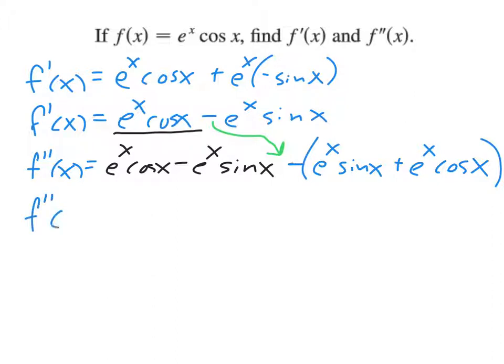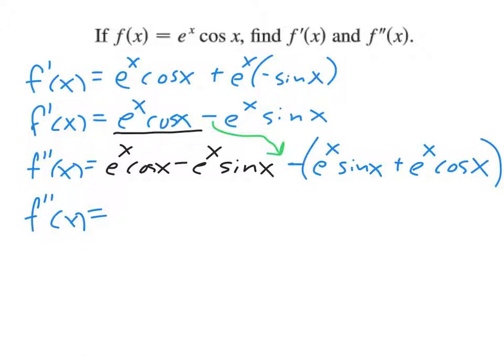So f double prime of x equals, let's start with the cosine of x here. So e to the x cosine of x, I got that there, and I got e to the x cosine of x here. When I combine those, what's that going to give me? 0. Because remember, I'm subtracting that cosine of x. So that's gone. Okay, what about e to the x and sine of x?